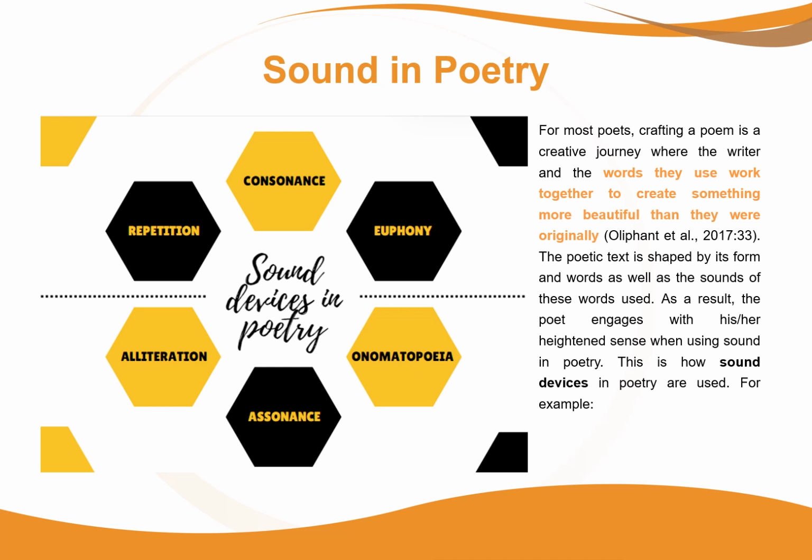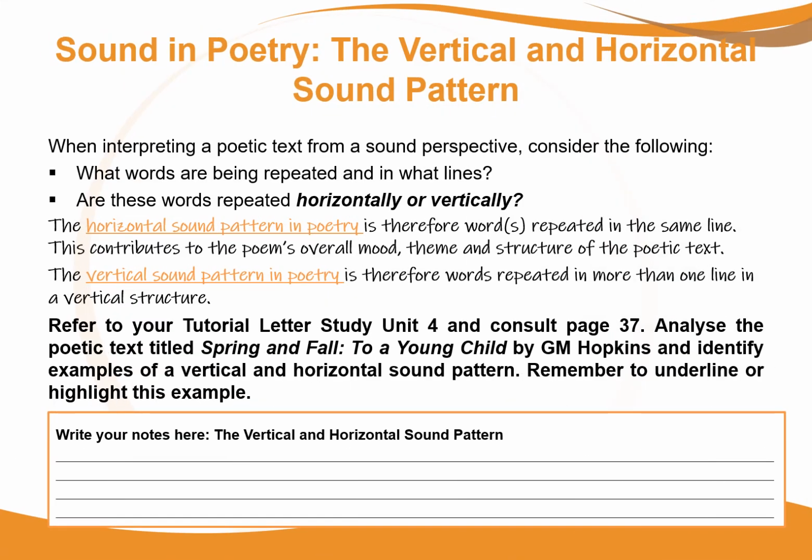So when we look at sound in poetry, with the vertical and horizontal sound pattern, always remember to ask yourself this important question: what words are being repeated and in what lines?